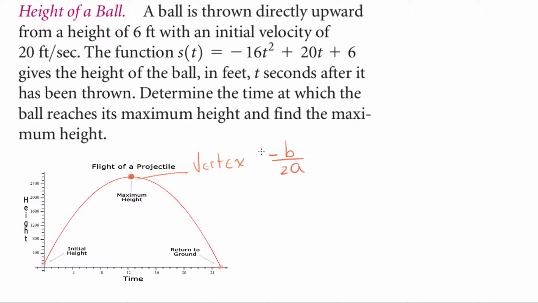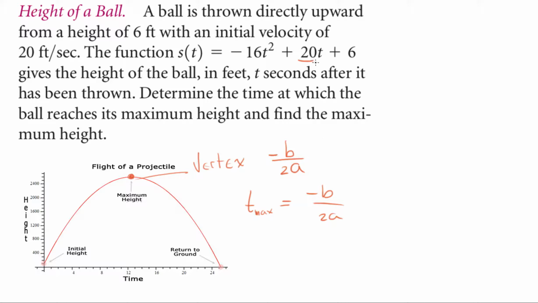So we just need to plug in. Whenever we have a word problem, usually you will want to describe what t is. So in this case, t is for the maximum height. So t max is negative b over 2a. Let's see, what's b?